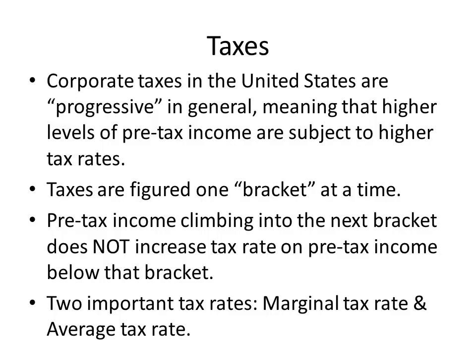You may often hear people say, I don't want to make any more money this year because it will push me into a higher tax bracket. These people are mistaken, because the new tax rate only applies to the income earned in that bracket. It doesn't apply to the income earned in the lower brackets.